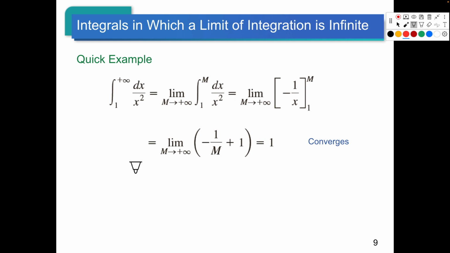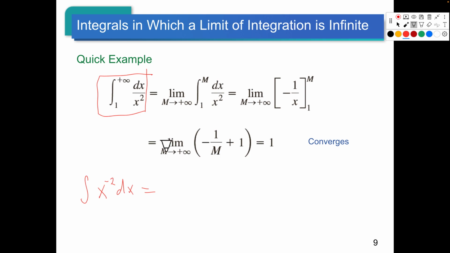I didn't set this one up quite like I wanted, but let's do this. So let's talk through this. We're given this as our example. We can think of this as the integral of x to the minus 2 dx, right? And just think in general.